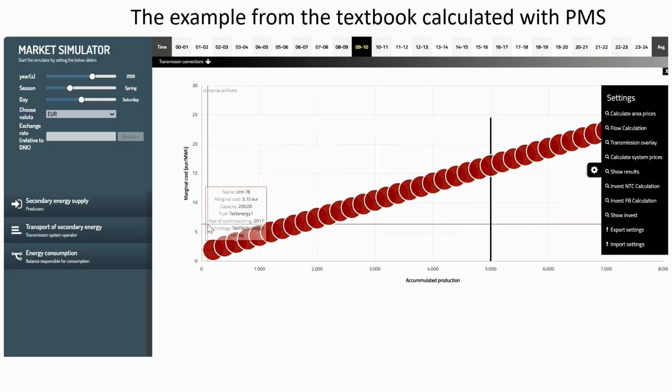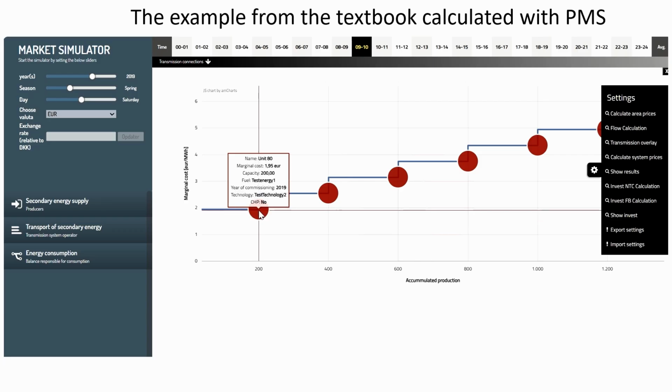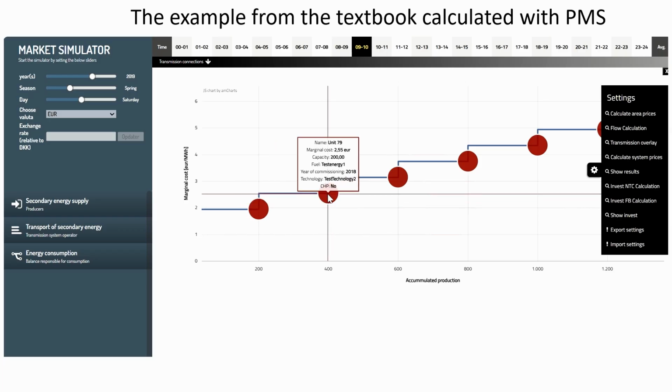And when we look here, the first unit here is a 200 megawatt unit, and when we have a total production of 200 megawatt, the marginal cost will be 1.95 euros. And when the capacity is 400 megawatt, the marginal cost will be 2.55 euros, which is also the same as in the textbook for the unit in node B.